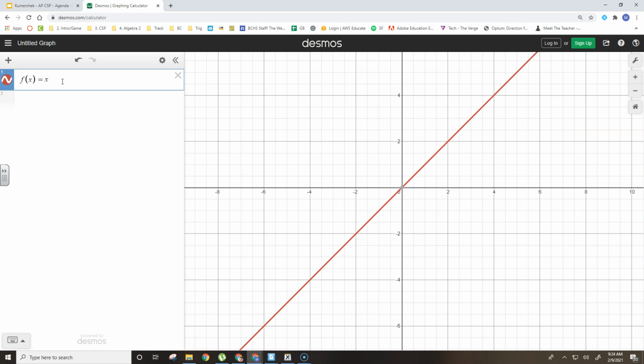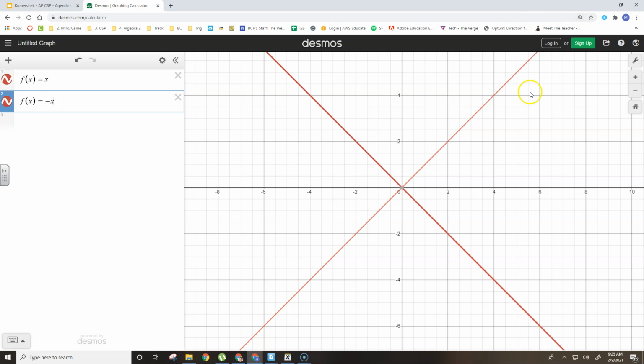Okay, so there's the parent function. And so what did we do here? Well, if we took f of x and we made it -x, you can see it's a reflection over the x-axis. Let me say this is G. Change the color here. Right?